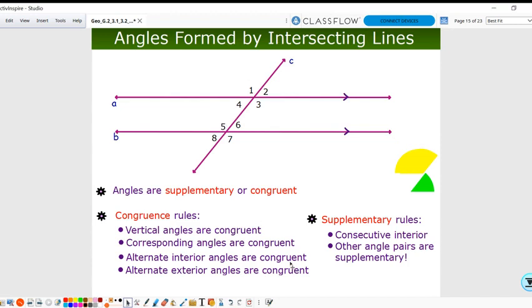Alternate interior angles are congruent. So if I take a look at alternate interior angles, angle 6 and angle 4, here's angle 4.